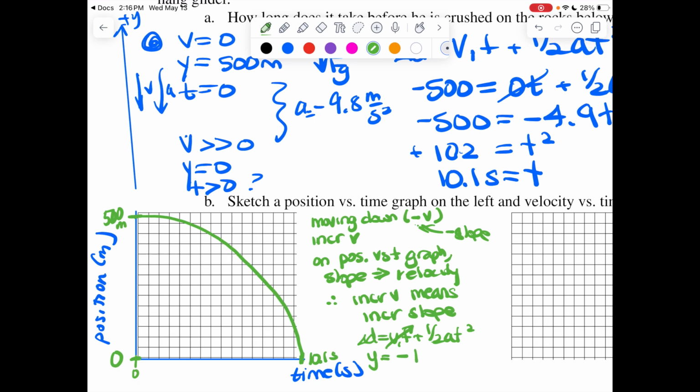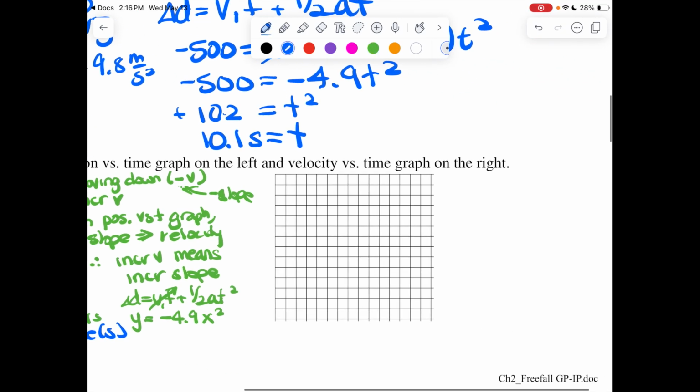And therefore, the velocity versus time graph is also going to be, did I label this? No, I didn't label this. The velocity time graph too. You have your initial velocity is 0. We're moving downward like this.